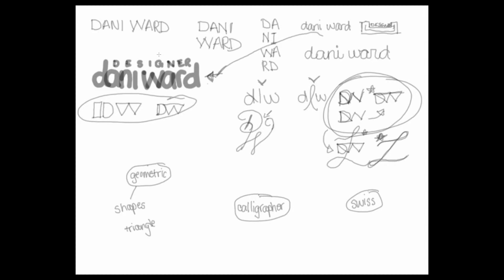So, if I think about geometric, one thing that geometric things tend to be is simple. So, simple is a word that doesn't just apply to design and doesn't just apply to the logo design.